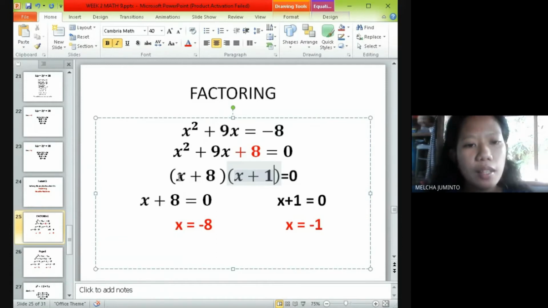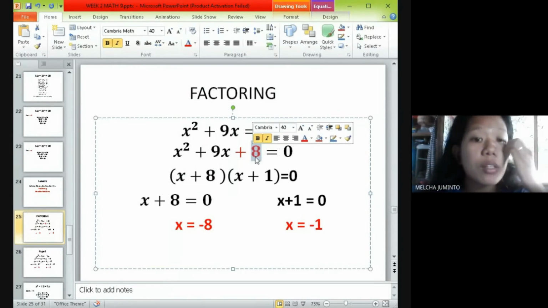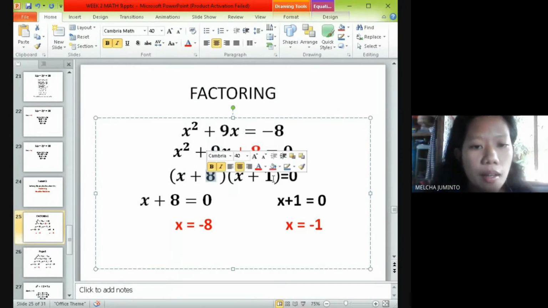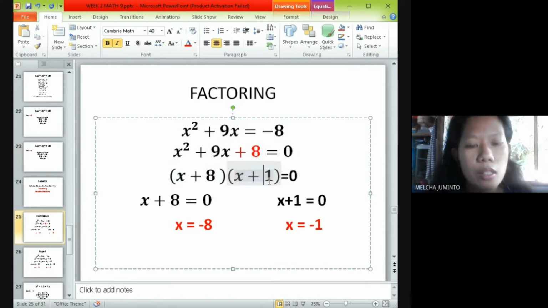How can you find the two binomials? You need to consider 8. Think of two numbers that, when multiplied, give 8, and when added, give 9. Those two numbers are 8 and 1, because 8 times 1 is 8, and 8 plus 1 is 9.